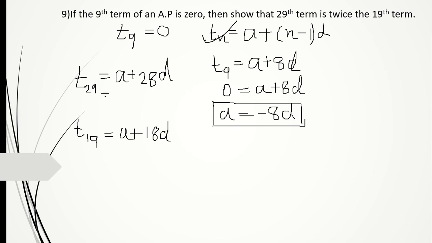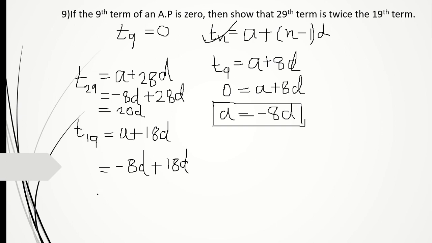Now if I put A here, A is what? Minus 8D plus 28D. So what do I get? T of 29 is minus 8 plus 28, 20D. And here what will I get? A is minus 8D plus 18D.